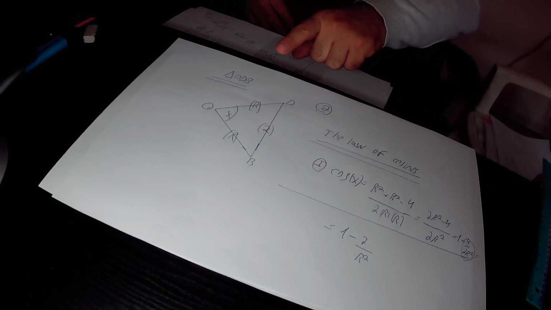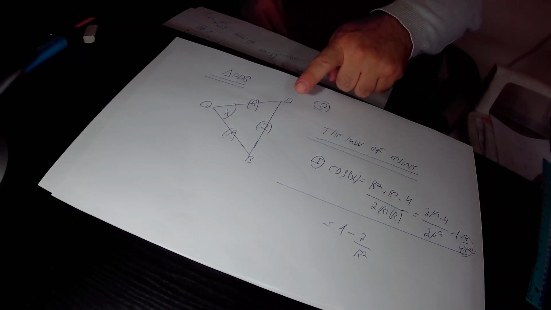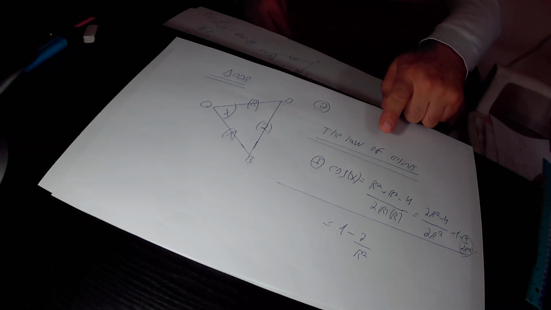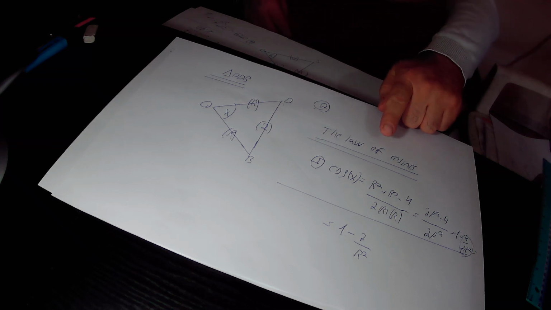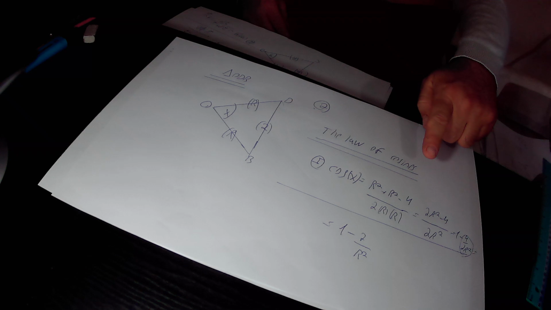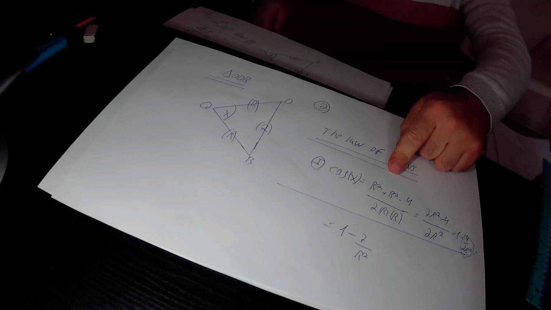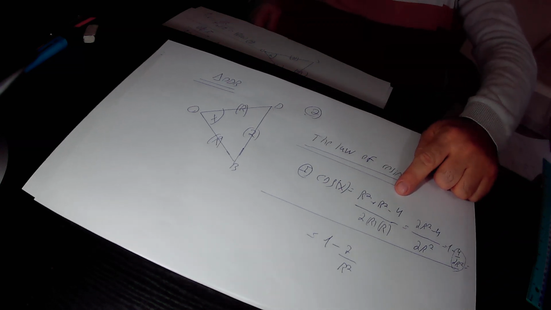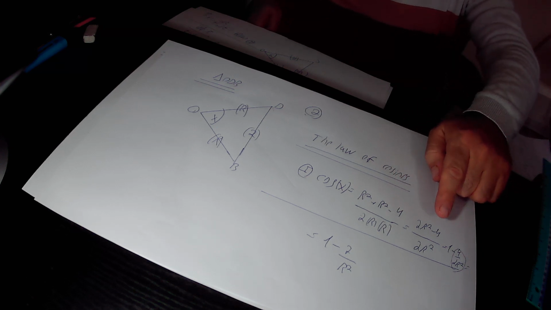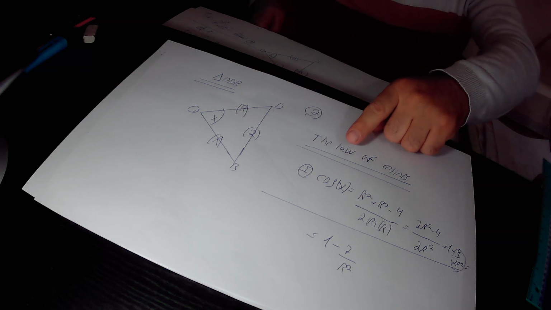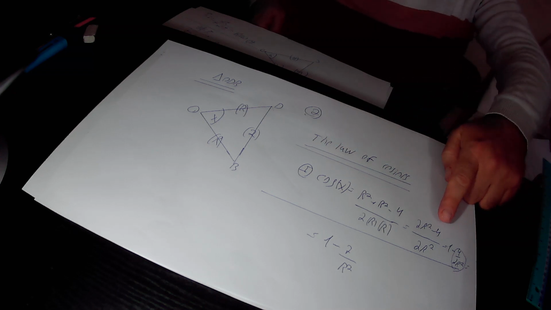According to the law of cosines, cosine x equals r squared plus r squared minus 2 squared. 2 squared is 4, so cosine x equals r squared plus r squared minus 4 over 2 times r times r. r squared plus r squared is 2r squared, so in the numerator we have 2r squared minus 4, and the denominator is 2r squared. So cosine x equals 2r squared minus 4 over 2r squared.